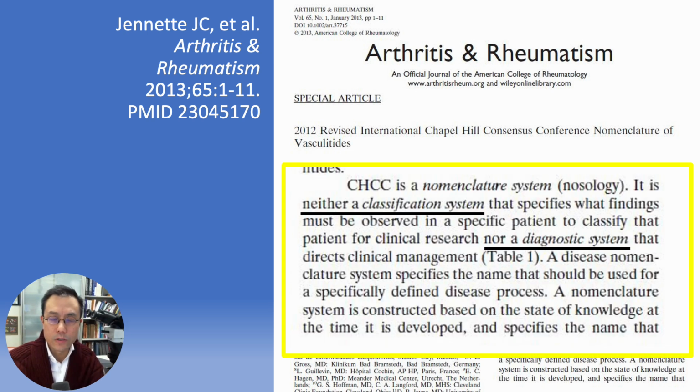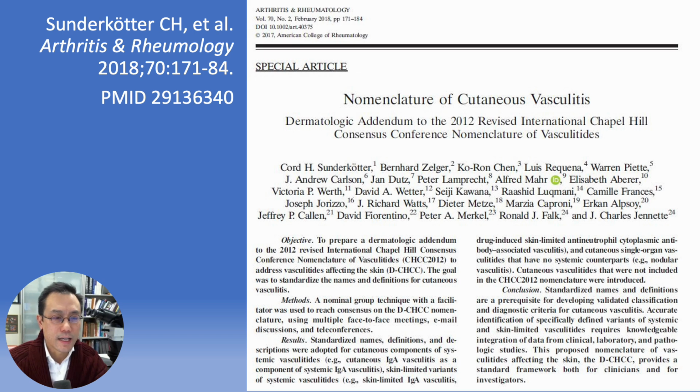And although some authorities will refer to this revised Chapel Hill as a classification system, the authors of the papers emphasize that this was not a classification system nor diagnostic criteria, but rather a nomenclature system that over the past decade has served as the basis or foundation for other organizations' efforts in developing diagnostic criteria, such as the ACR-EULAR, American College of Rheumatology, and European Alliance of Associations of Rheumatology, diagnostic criteria for ANCA-associated vasculitis, or smaller focus groups such as this, focusing on aspects of cutaneous vasculitis.